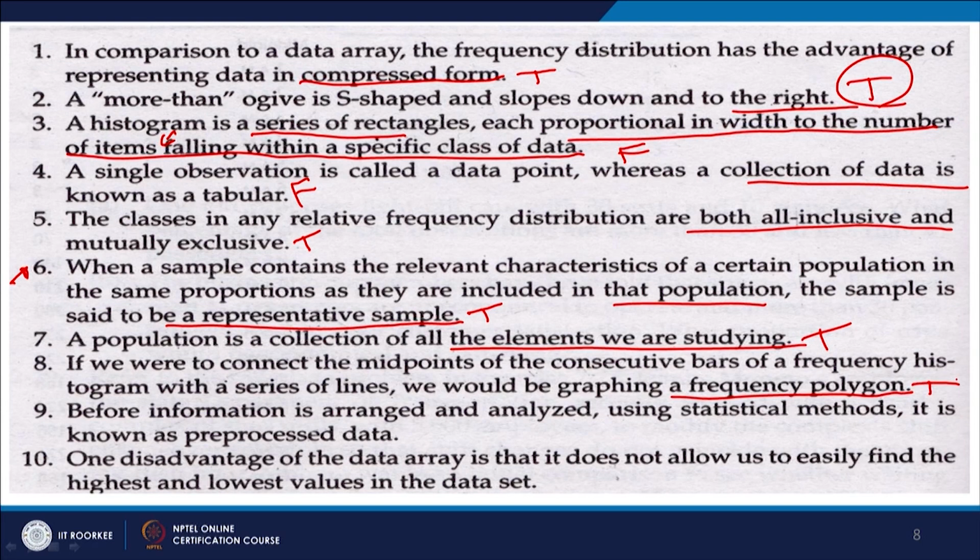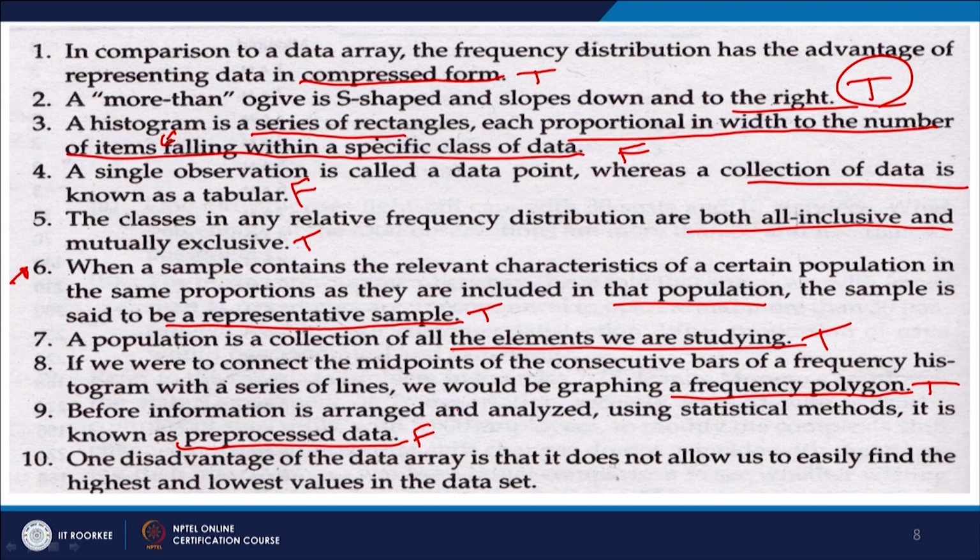Okay. Let us move on to ninth. Before information is arranged and analyzed using statistical methods, it is known as pre-processed data. Is it? No, it is called raw data.